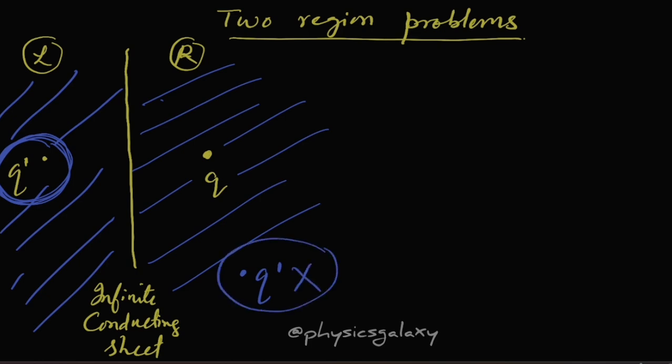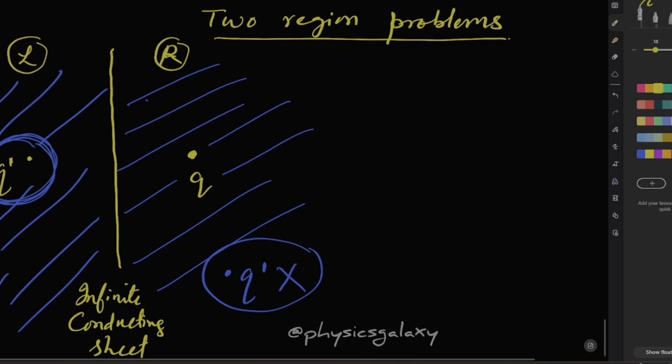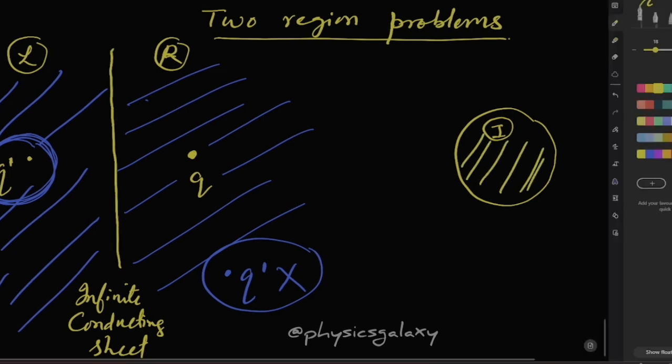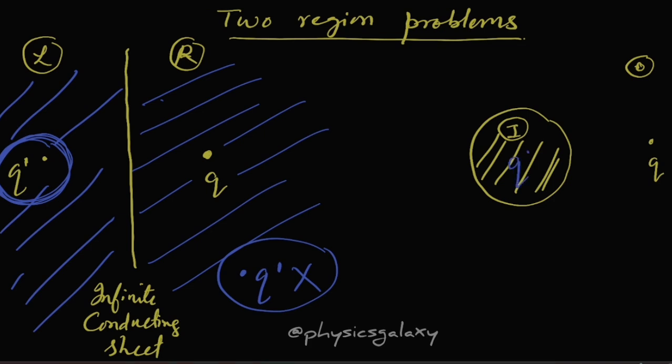Similarly, we'll have problems like a conducting spherical shell. So we'll have inside space and outside space, and we'll put our real charge in the outside space. Now where should I put my imaginary charge or image charge? That has to be put in the inside space. Here I will put my q dash.